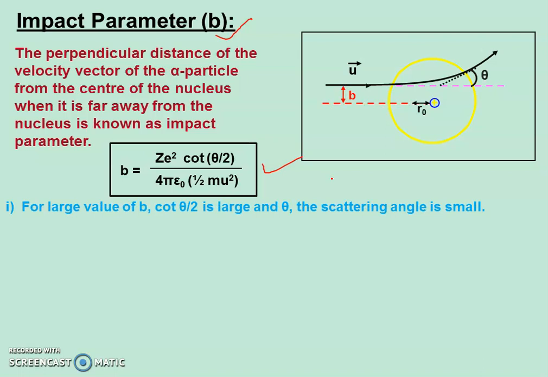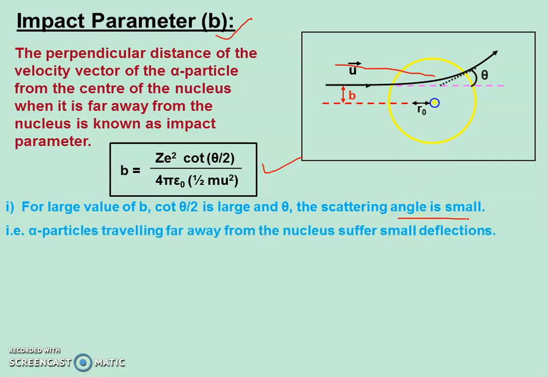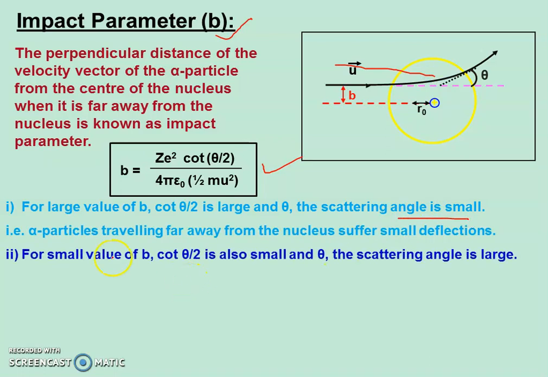Now for a large value of b, cot theta by 2 is large, which means theta is very small. So if the impact parameter is high, the angle of deflection is small. Now if b is small, cot theta by 2 is also small, which means theta is large. It means if the particle approaches close to the nucleus, it will be deflected by a big angle.